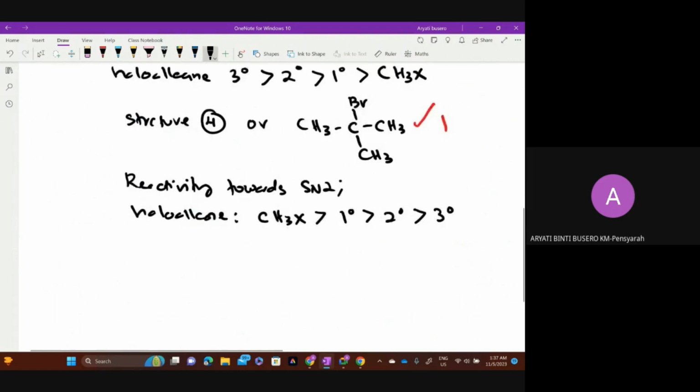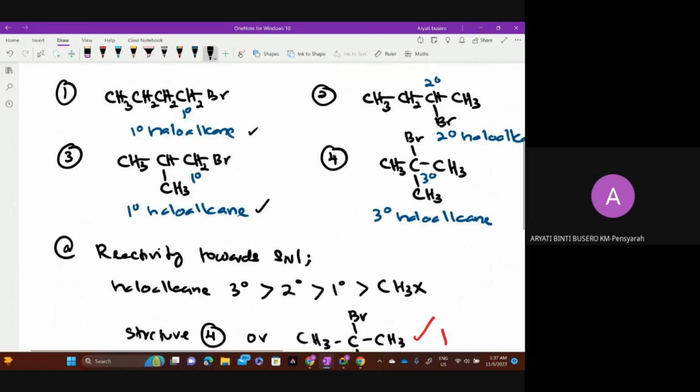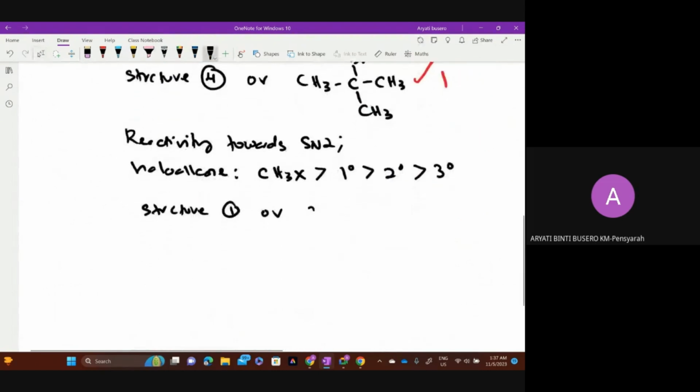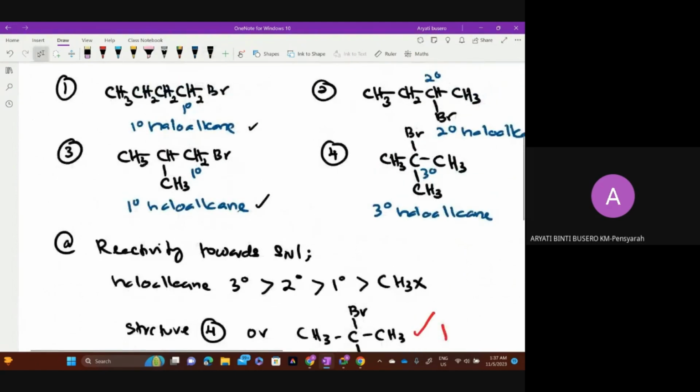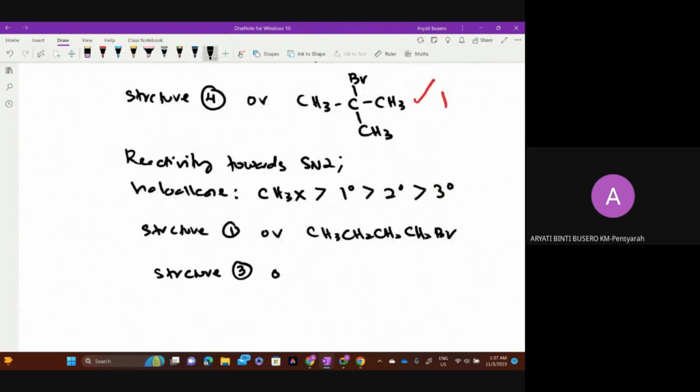So kamu boleh jawab reactivity toward SN2 ialah structure 1 atau kamu lukis balik structure 1 ialah CH3, CH2, CH2, CH2 Br, okay, ataupun structure 3, ataupun CH3, CH3, CH2 Br.